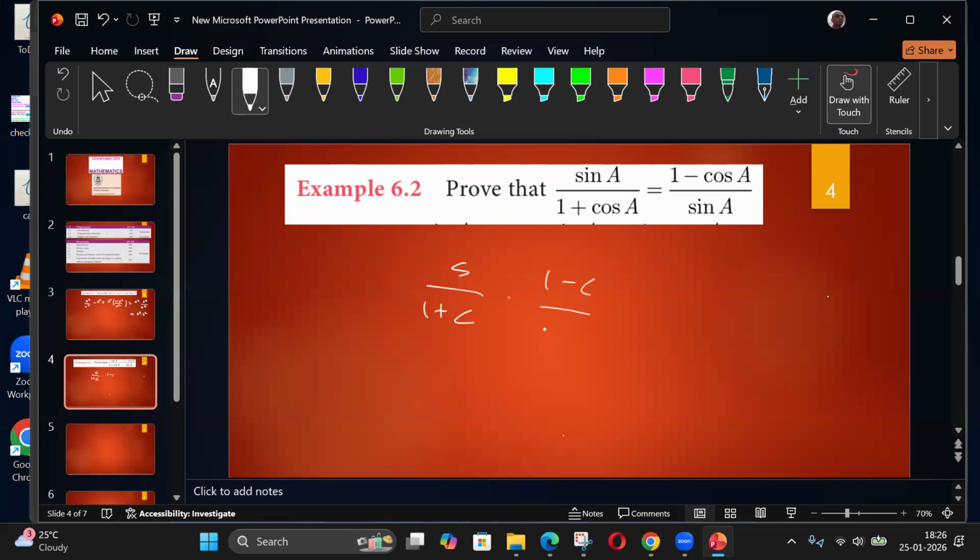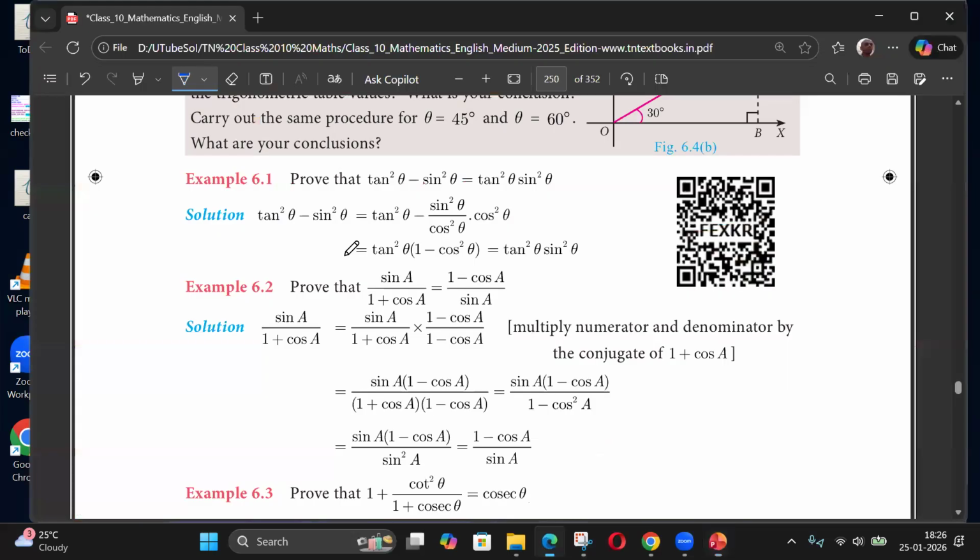So if it was into 1 minus cos A, sine A into 1 minus cos A is equal to minus cos A by 1 minus cos square. So multiply and divide by 1 minus cos.